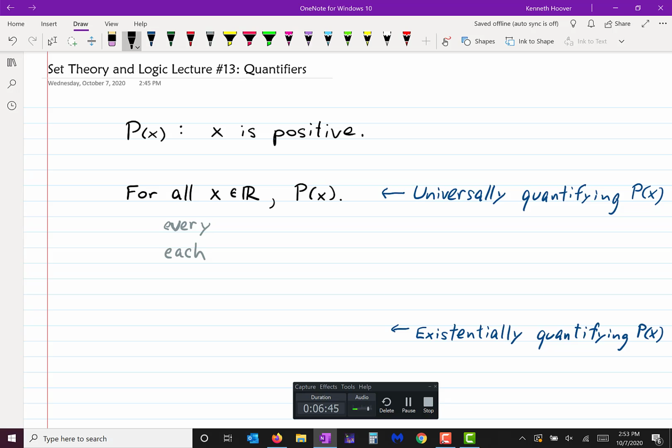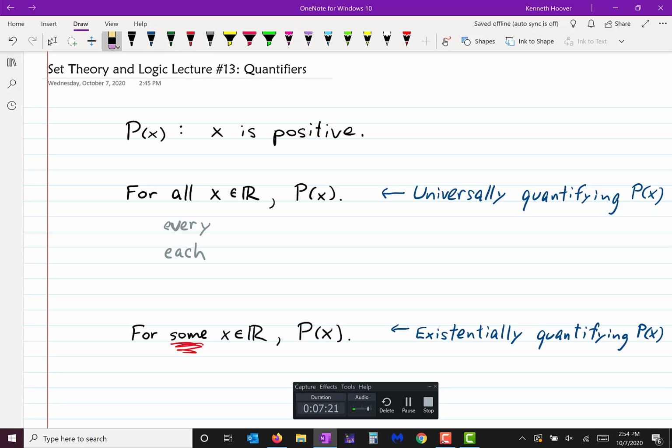So you would say, for some X in the real numbers, X is positive. So that's saying there is at least one real number. What does the word some mean here? How many makes up a some? Some means at least one.